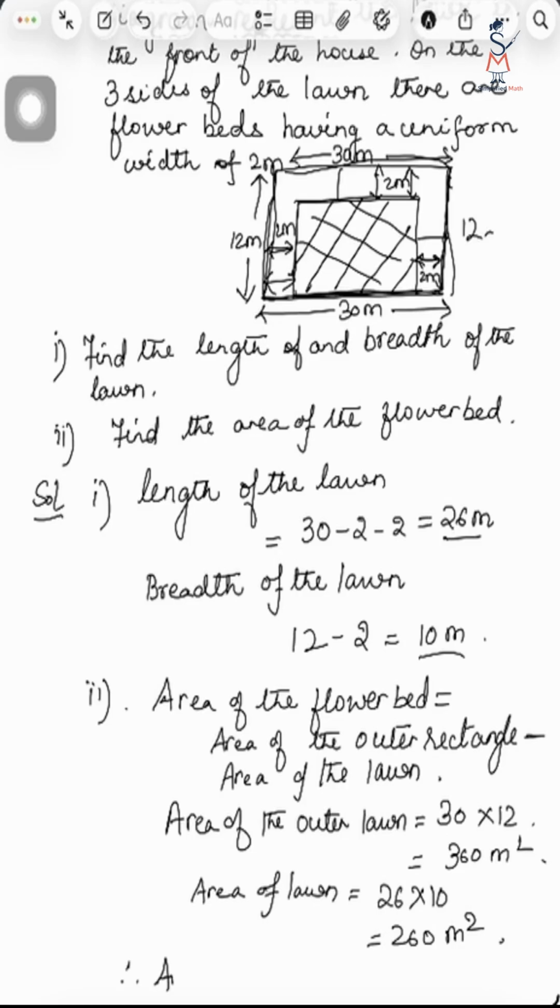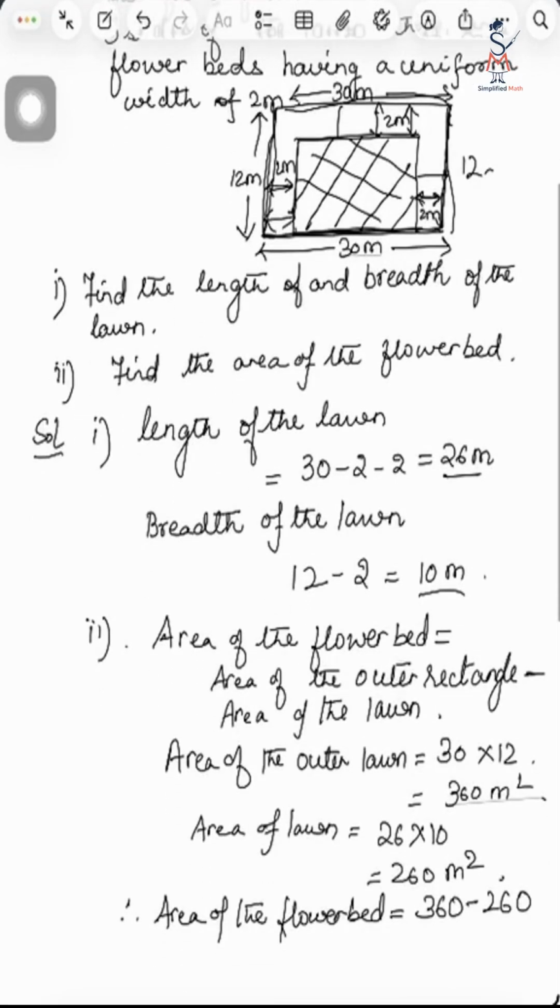Therefore area of the flower bed will be outer area, that is 360 minus 260. Yes, that is 100 meter square is the area of the flower beds, because there are more than one bed. Fine.